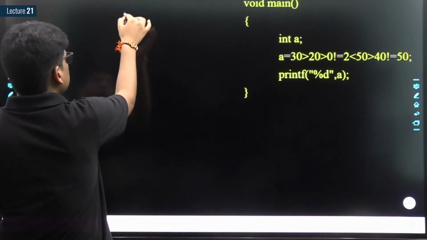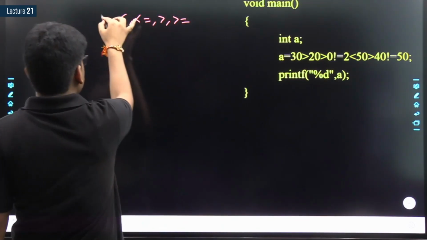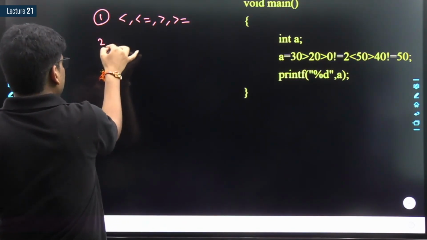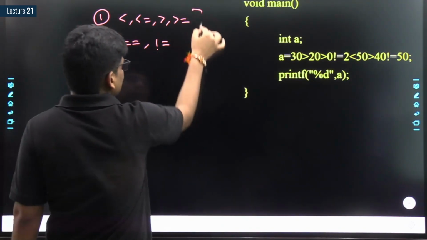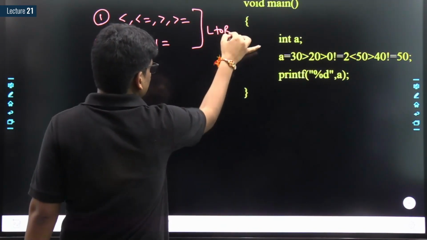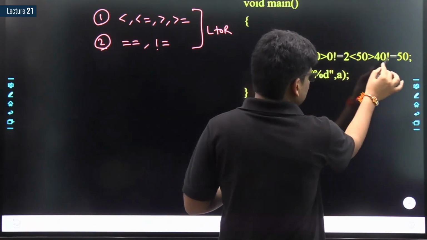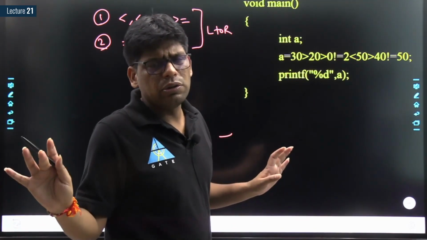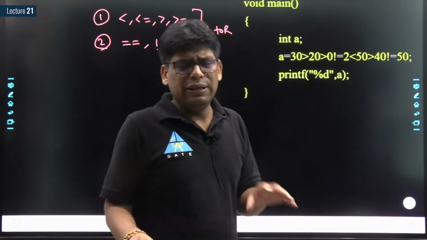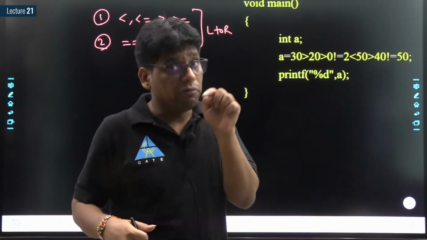If I talk about relational operators, less than, less than equals to, greater than, greater than equals to are at high priority, and double equals to, not equals to are at low priority, and the associativity is from left to right. We are not talking about equals to, because we know that it is of least priority among all the operators we have discussed till now.